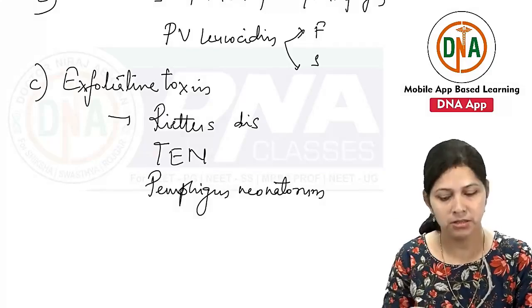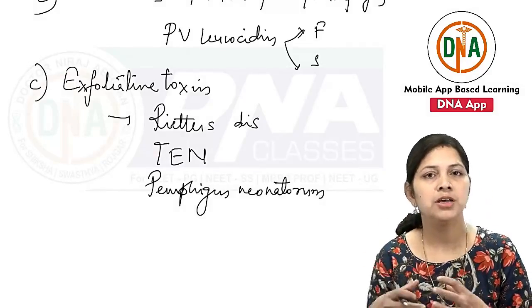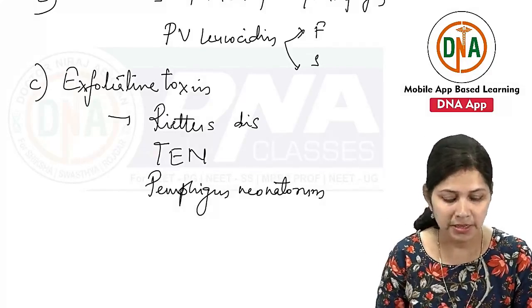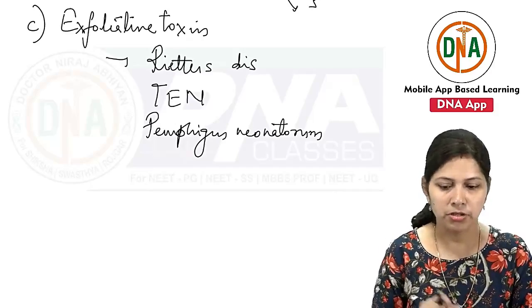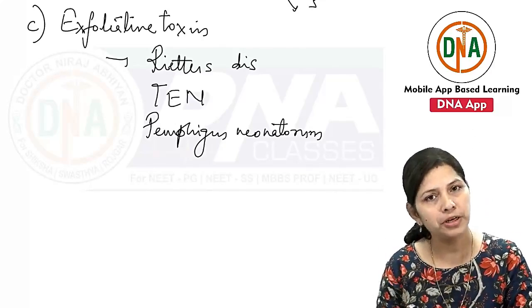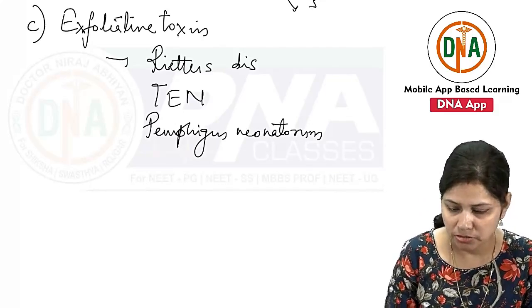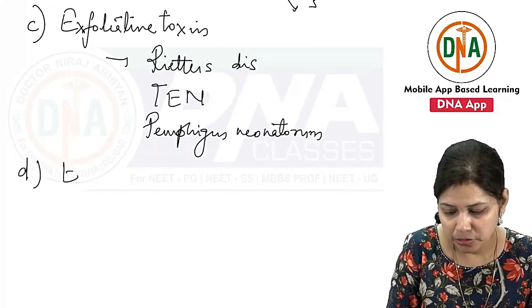So all these conditions are exfoliating conditions, and these are mainly because of the toxin, that is the exfoliative toxin. Okay, so apart from exfoliative toxins, we have other toxins also like the enterotoxin.